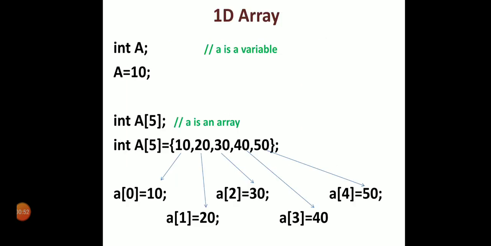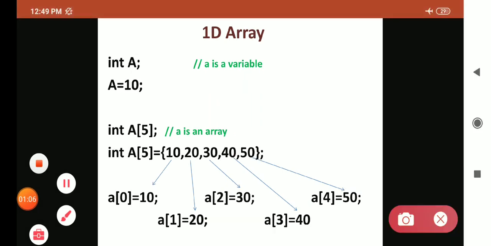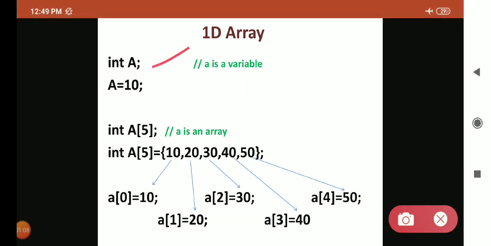Before we understand the program, let us understand a few concepts that I am going to use in this program. First one is array, specifically one dimensional array. If I write int A, here capital A is a variable.